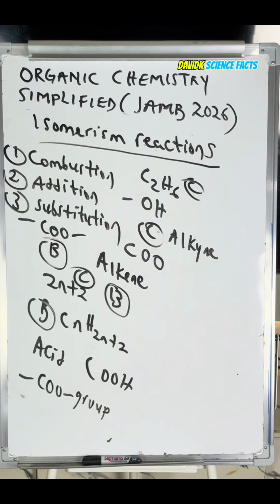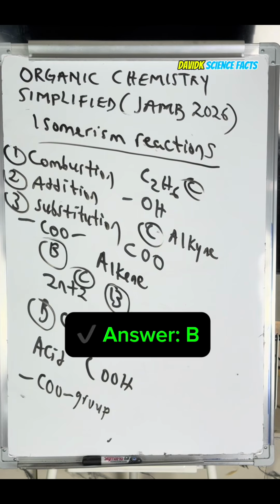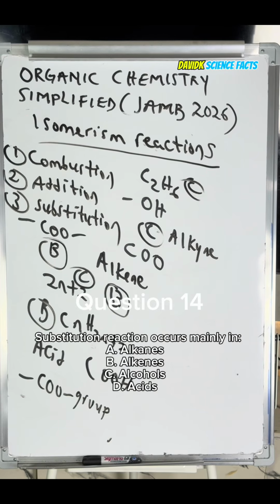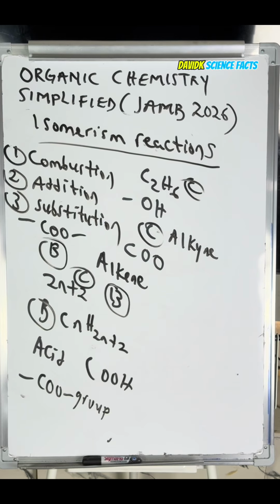The correct option is alkenes. Addition reaction occurs in alkenes. Take note of that. Last question is substitution reaction occurs mainly in option A alkanes, option B alkenes, option C alcohols, option D acids. The correct option is A alkanes. Substitution reaction occurs mainly in alkanes. Take note of that.